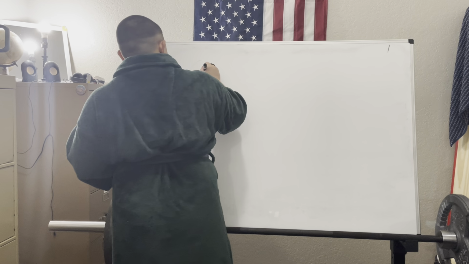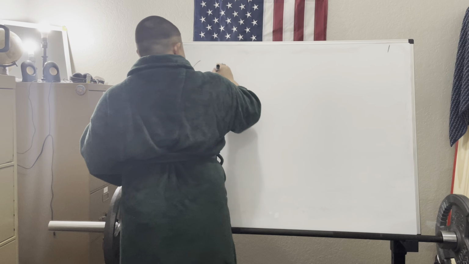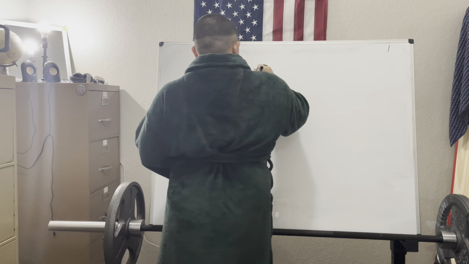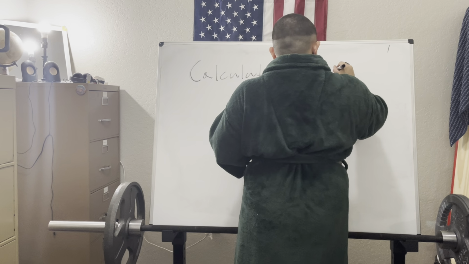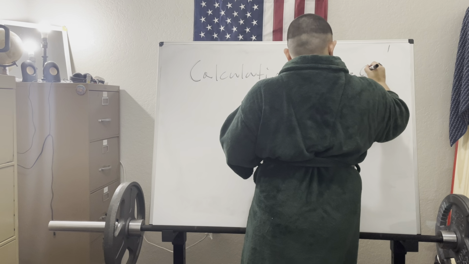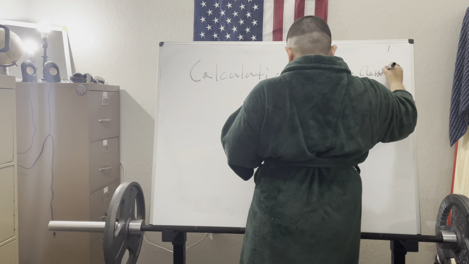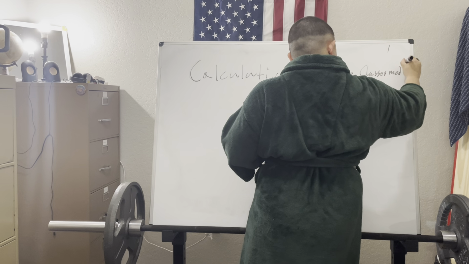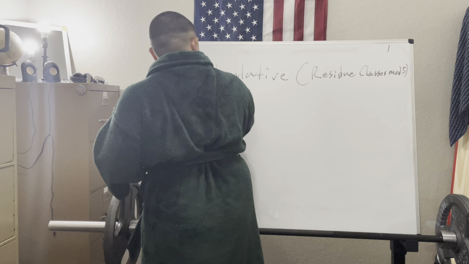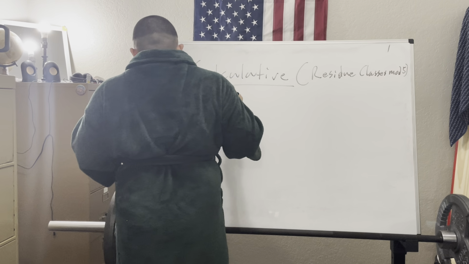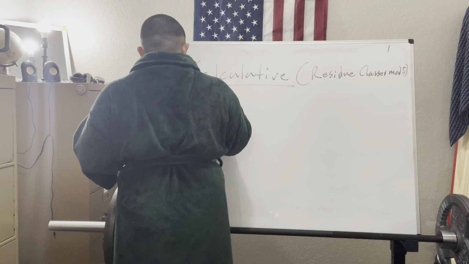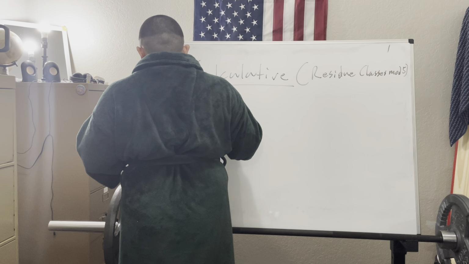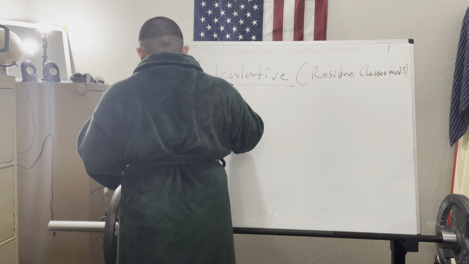Let's look at what this means more concretely with a calculative example, which looks at residue classes mod 5. So let's look at the set of residue classes mod 5.